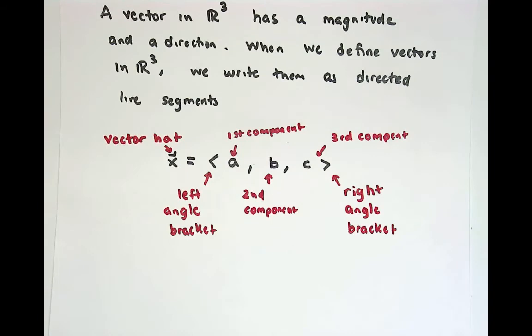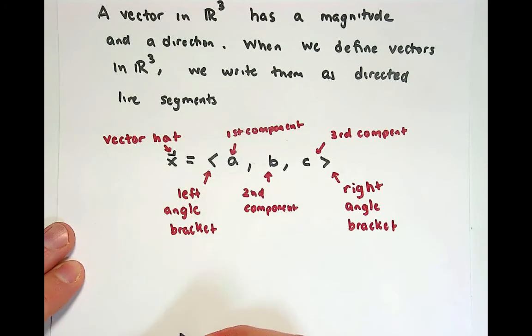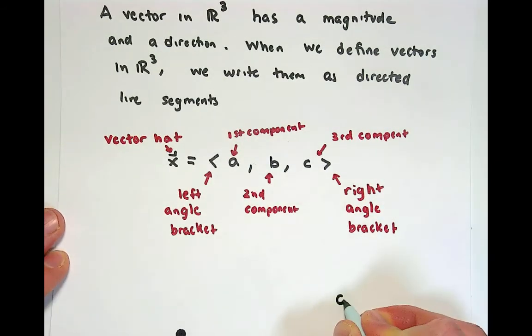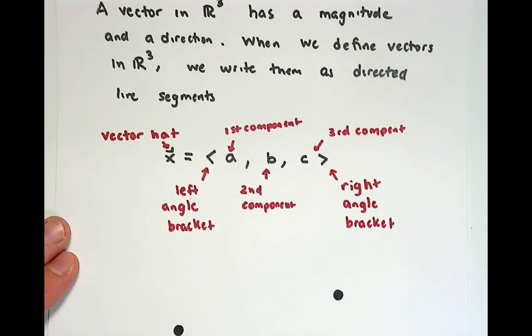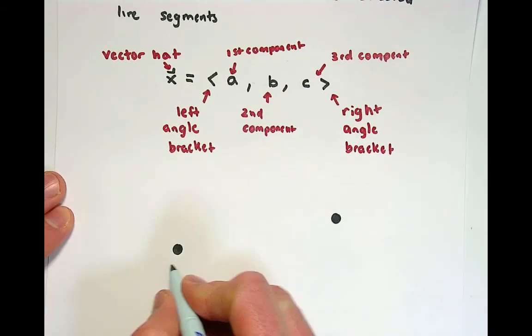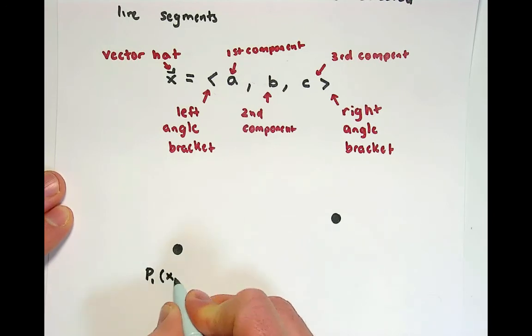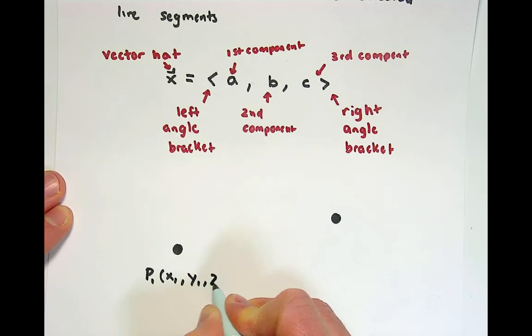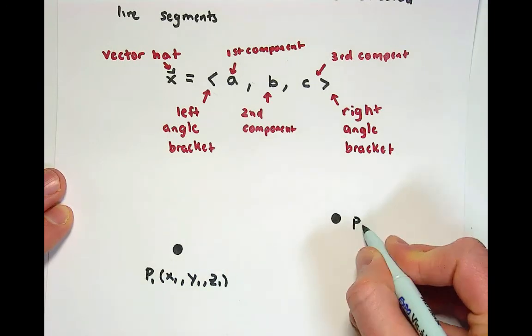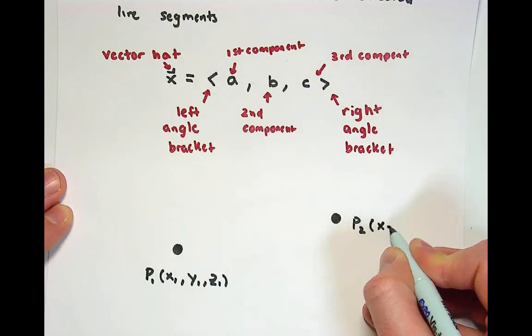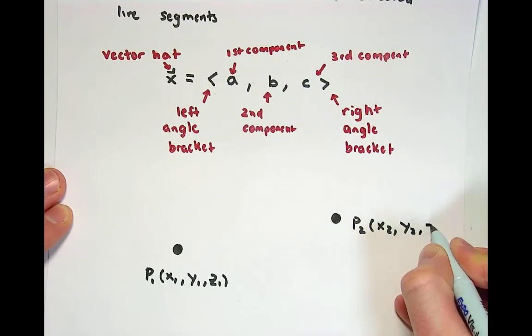When we look at this vector, we have the same setup as we did previously. Each vector in R3 has an initial point, which will be an ordered triplet, maybe we call it x1, y1, z1, and a terminal point, which will be an ordered triplet, perhaps we call it x2, y2, z2.